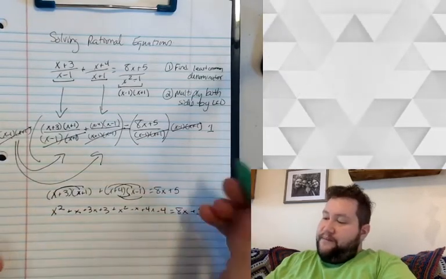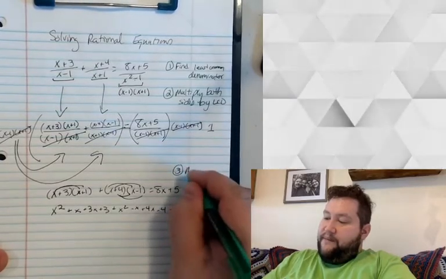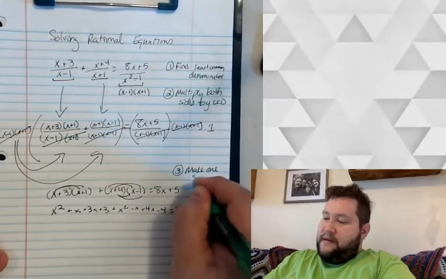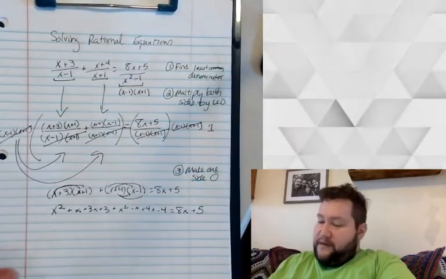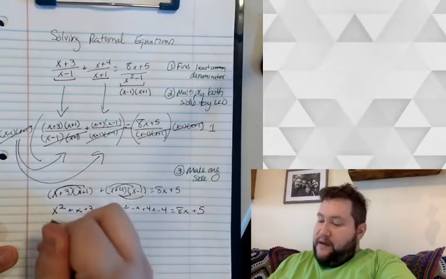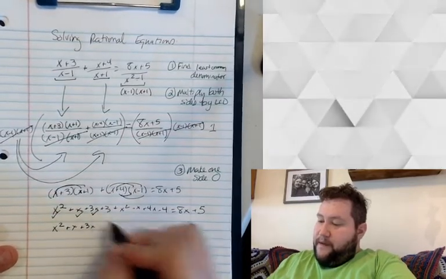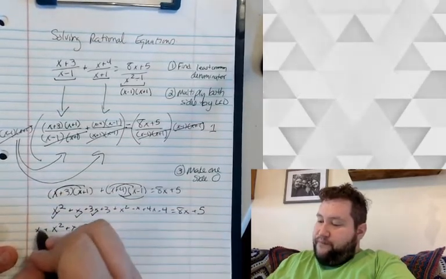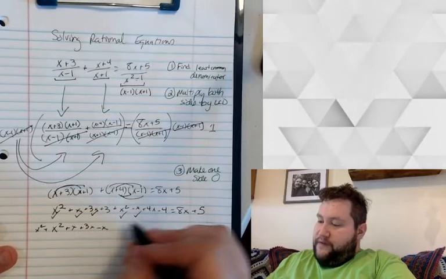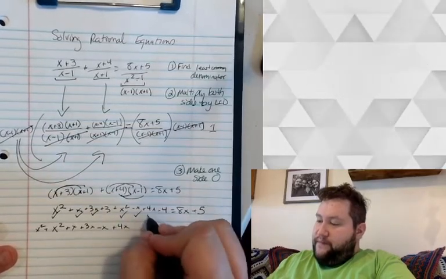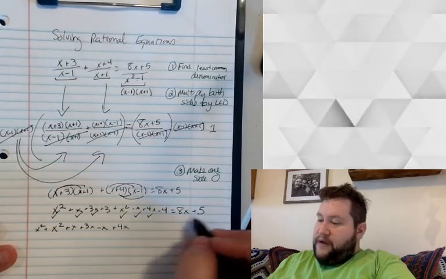And then step 3, we want to make one side 0. And so I'll put all of my x squareds together, all my x's together, and all of my constants. So I have an x squared, that's taken care of, plus x, plus 3x. Oh, I have another x squared, minus x, plus 4x, and then, oh, I didn't subtract those over yet.